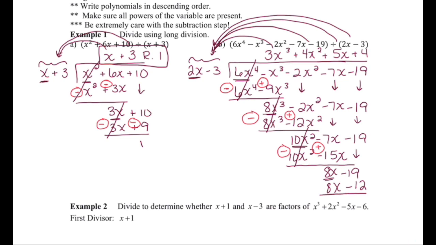Change our signs. Our 8x's will cancel, and negative 19 plus 12 is 7. It does not go in evenly since we have a remainder, but we can just put remainder 7 for our solution.